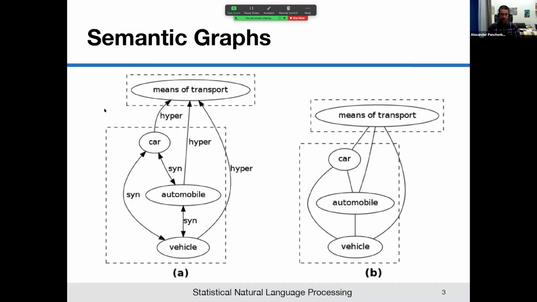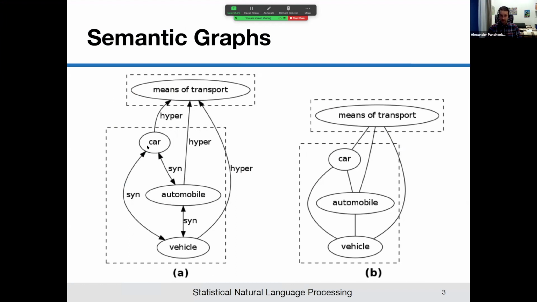All right, so here are a few examples of semantic graphs which you can find in NLP in various types of linguistic data. Words can be organized in some kind of hierarchy.